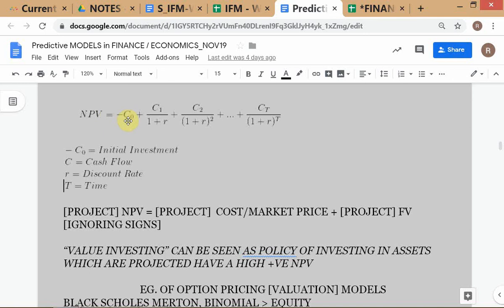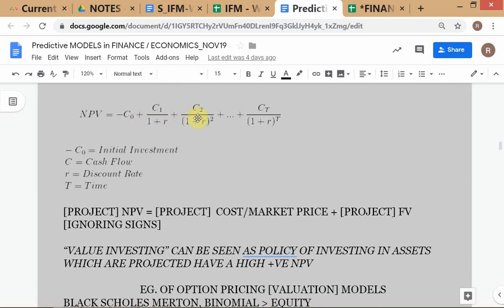Once we have established that this is like the market price, because for the person evaluating the project the cost of the project is the same as the market price, what he has to pay to get hold of the project. So when a negative NPV project is rejected, what does that mean? It means the market price is higher than fair value.